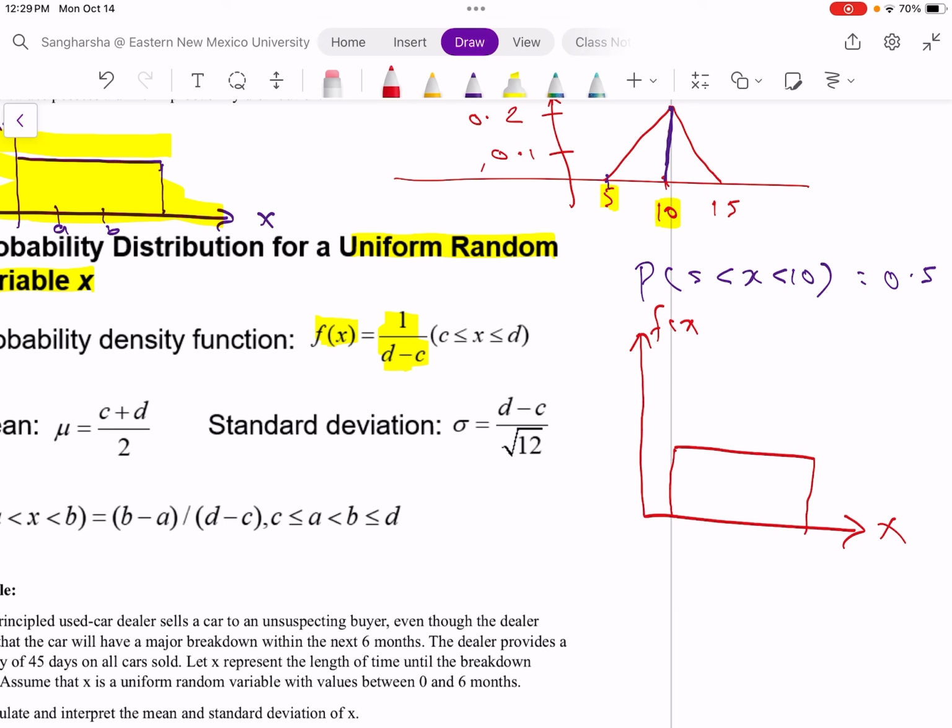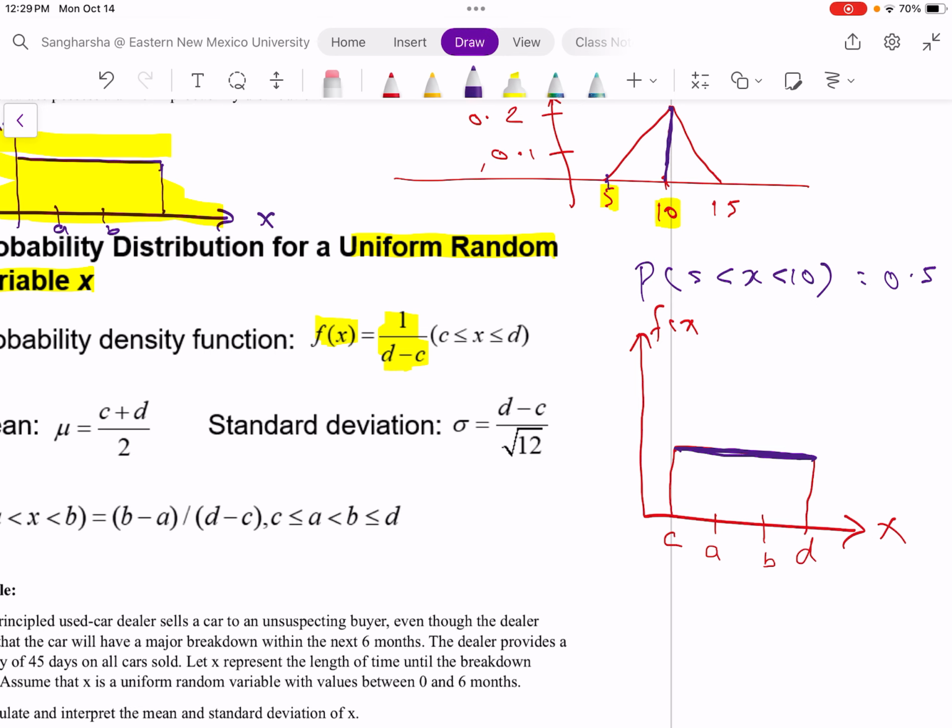The graph is starting from C and ending at D. This horizontal line is our graph. A is any point in between C and D, and B is also any point in between C and D.